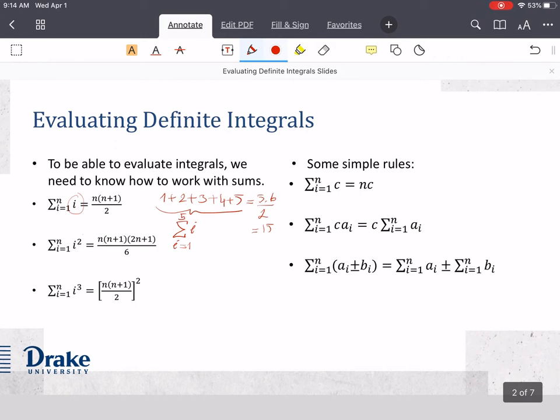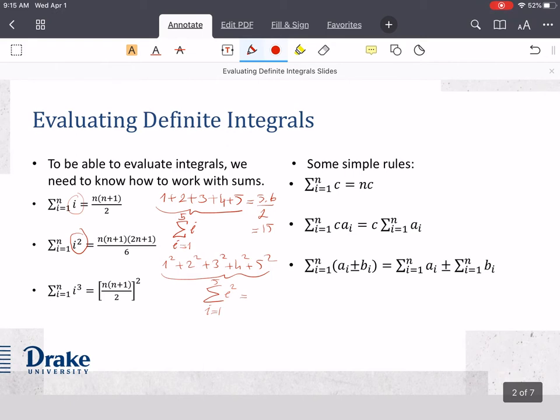Second example is when we have squares. In other words, you have 1 squared plus 2 squared plus 3 squared plus 4 squared plus 5 squared. You can represent it using summation notation from i equals 1 to 5 of i squared. So add up all the squares.